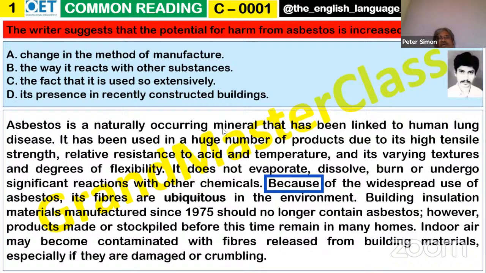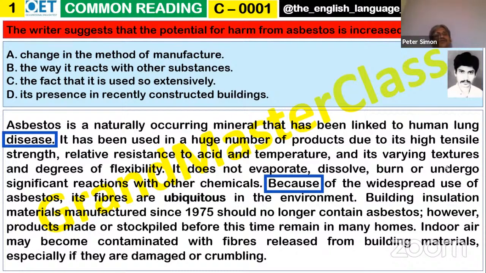In the first line, asbestos is a naturally occurring mineral that has been linked to human lung disease. Disease is the word here. Disease is a harmful thing. Why don't you see properly that harm is related to disease? Disease means harmful.